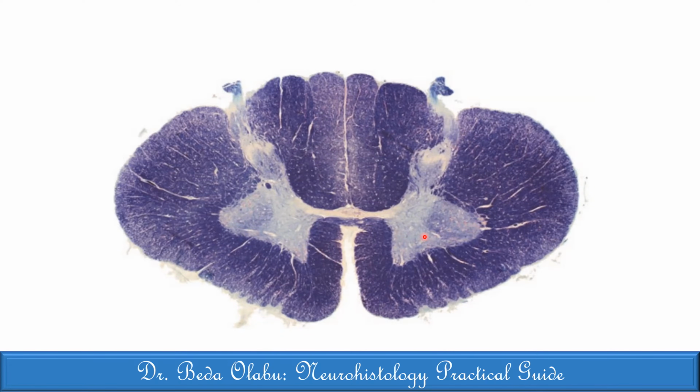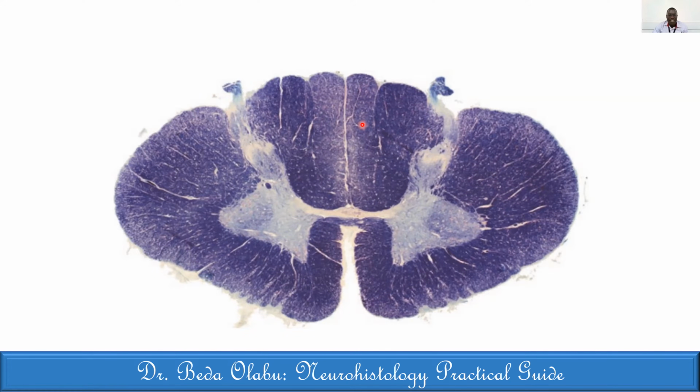Then just medially on the dorsal columns, they are very distinct, could be the gracile and cuneate fasciculi. So most likely, according to me, this is the cervical region.